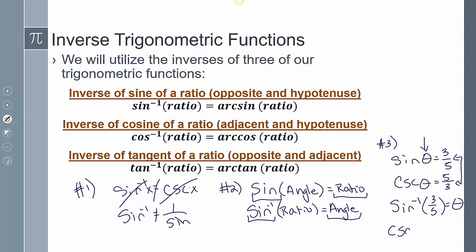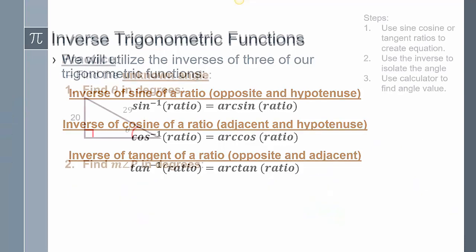The cosecant inverse of a ratio will still equal that same angle. The angle doesn't change. It's only the ratio that changed, and that's why the ratios in both of these changed. Sine references ratio, inverse represents angle. Get that in your head. You have to understand that.